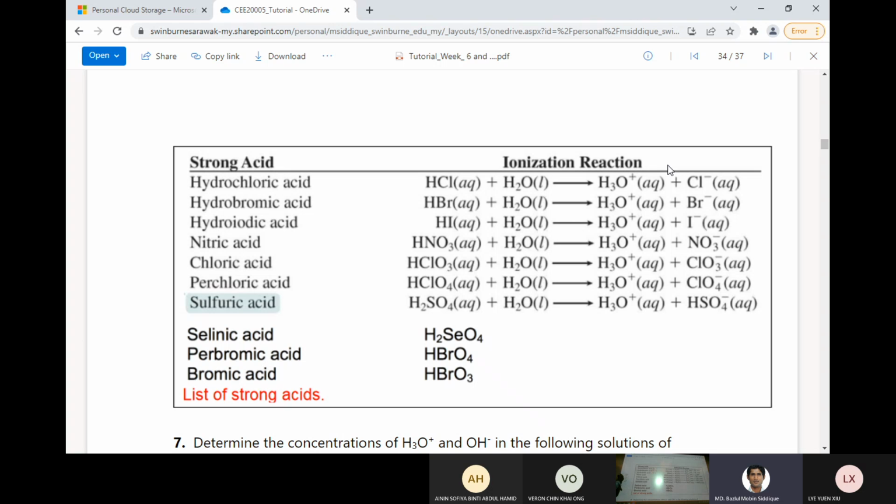This is for hydrochloric acid, HCl. This is bromine, Br, hydrogen bromide. And this is iodide. So now do you understand why hydrogen iodide is stronger?